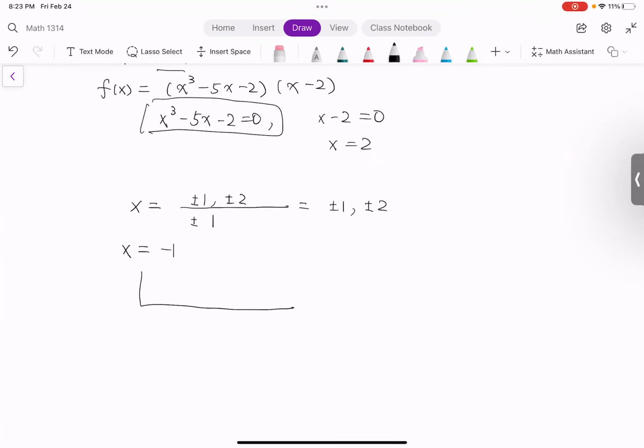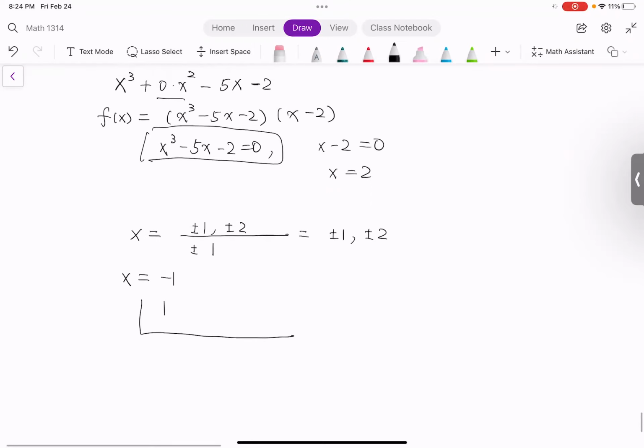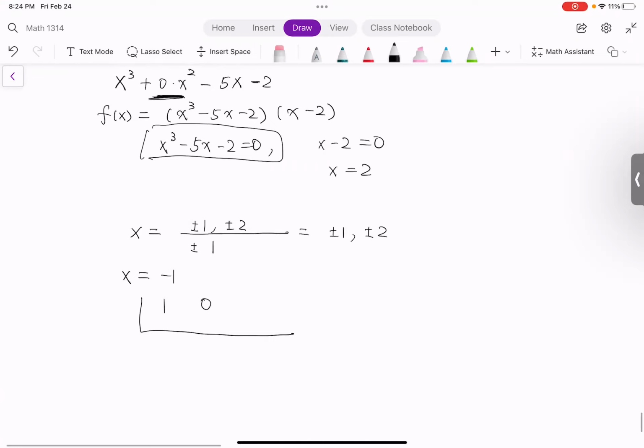List all the coefficients here. 1, and what is the second term? I cannot say that's -5, because you have one term missing. You must put 0 here to stay in that position, and then -5, -2.